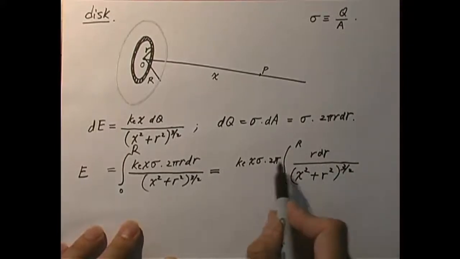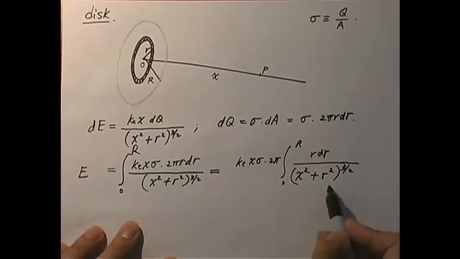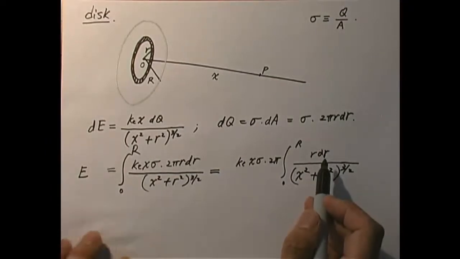It's quite simple to do. You move that 2 in. The 2r dr is just d of r squared, and you can define r squared as a new variable, and then you define x squared plus r squared as another new variable. So you can then finish the calculation accordingly.